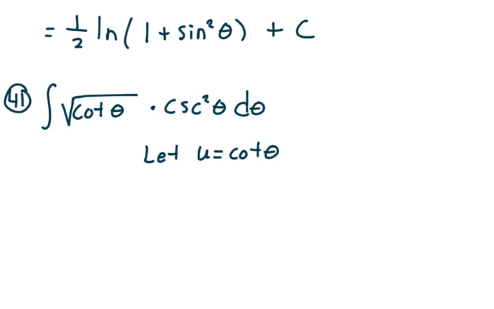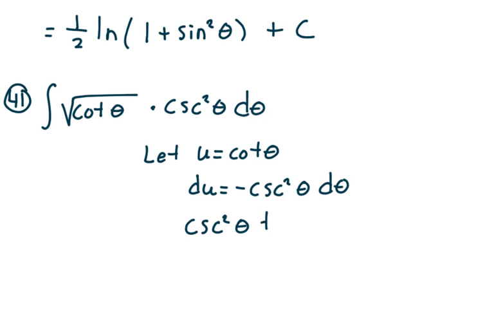That's a good candidate because I know that the derivative of cotangent theta is negative cosecant squared theta. And so the derivative is almost present in the integral. It's just offset by a constant. So when I get du, I get negative cosecant squared theta d theta. So cosecant squared theta d theta is negative du.